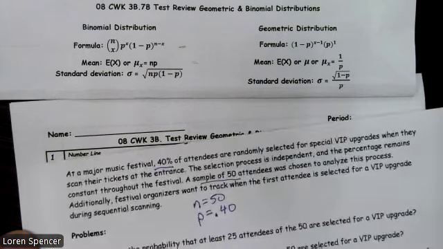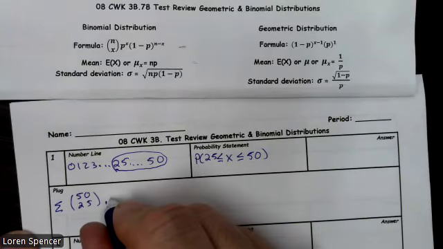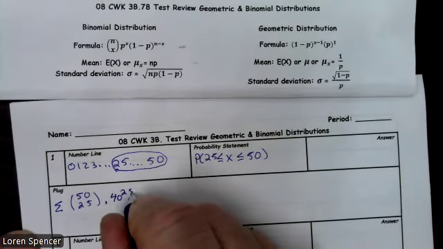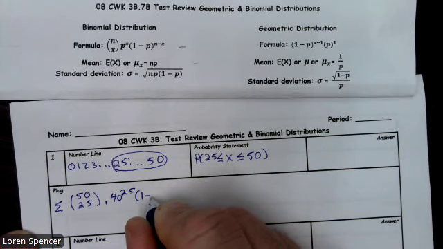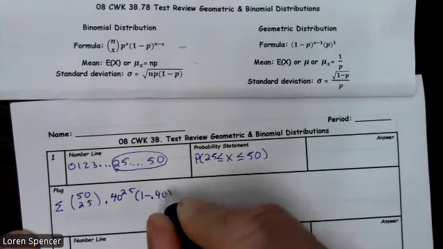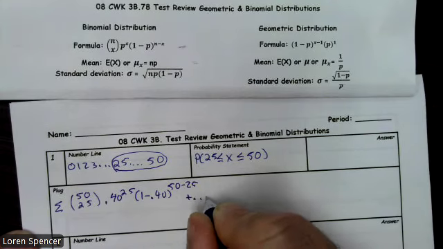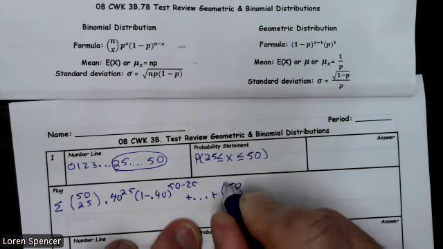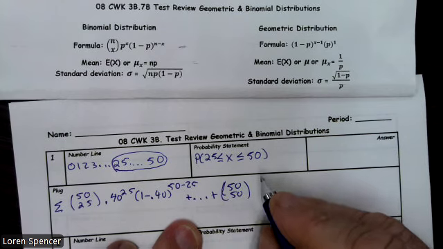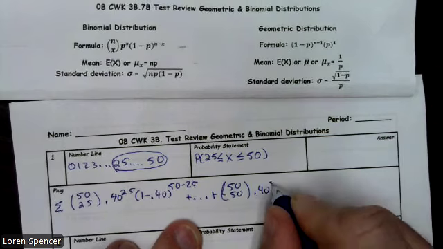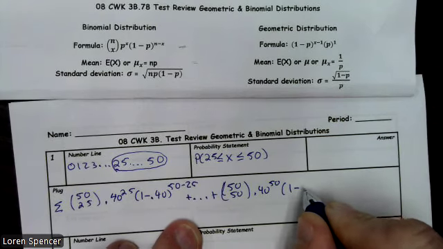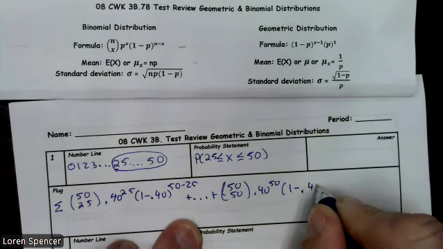We said that earlier from the scenario. 0.40 to the 25th times 1 minus 0.40 to the 50 minus 25, plus dot, dot, dot, plus 50 choose 50, and then 0.40 raised to the 50th times 1 minus 0.40 to the 50 minus 50.